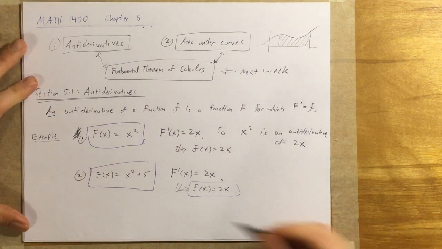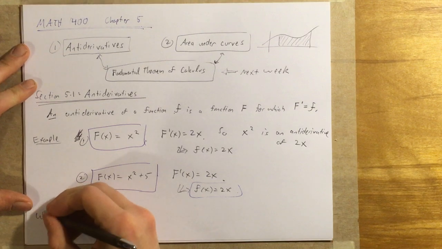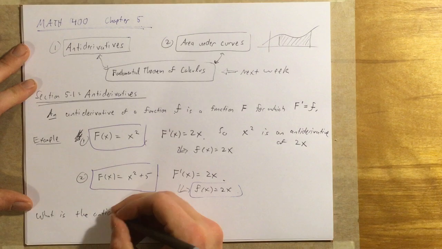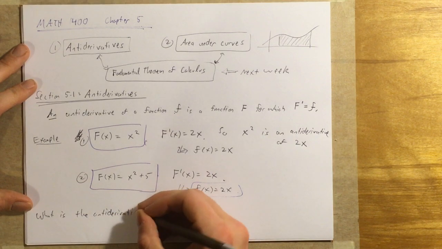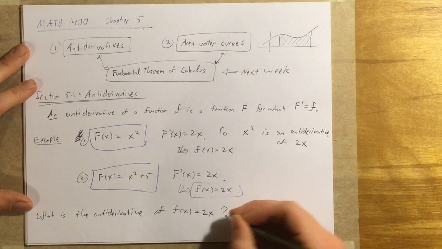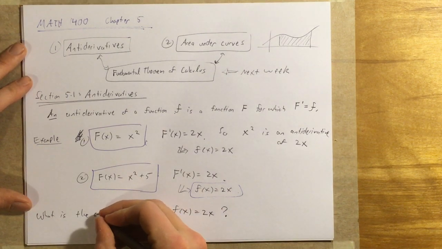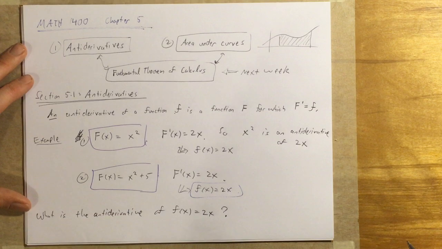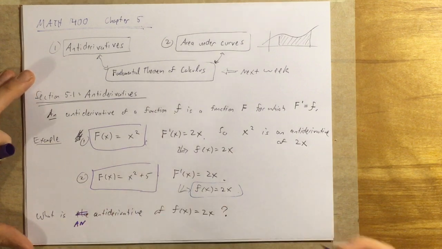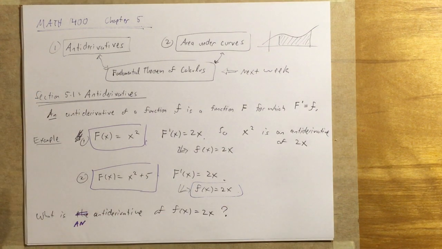So if you ask the question, what is the antiderivative of lowercase f of x equals 2x? If you ask that question, it doesn't really have a good answer because the antiderivative is the wrong way to ask it. An antiderivative is really the best we can do.